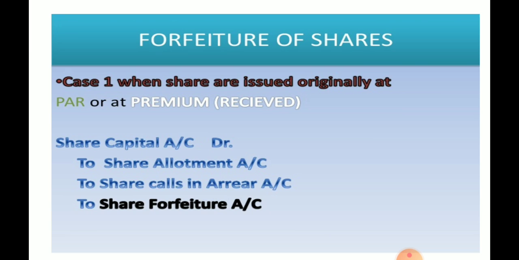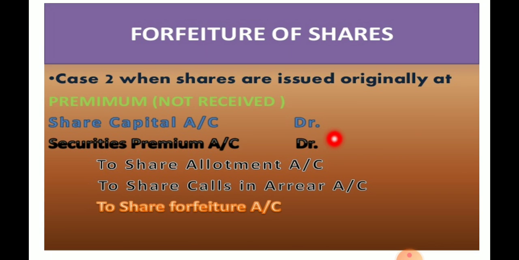Case 1. When the share is issued originally at par, or at premium also. The entry is share capital account to share allotment, to share calls in arrear, to share forfeiture account. When shares are issued originally at premium, not received: share application, security premium, share allotment, share calls in arrear, share forfeiture.